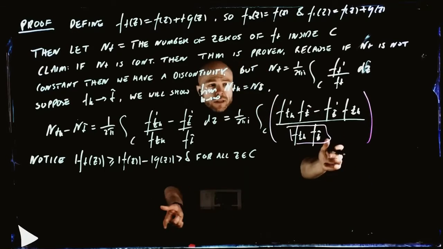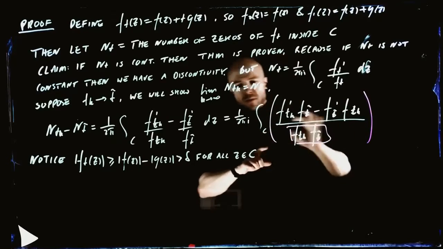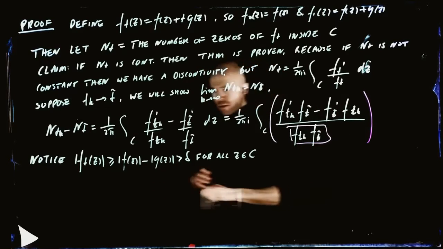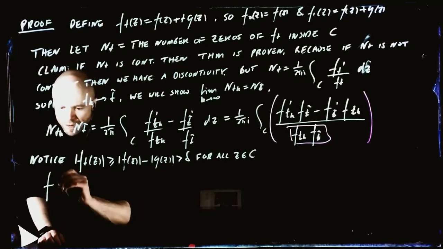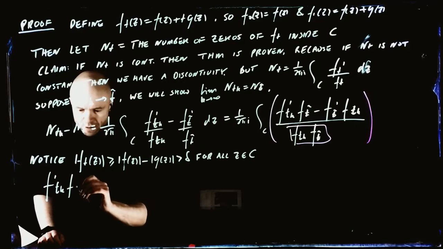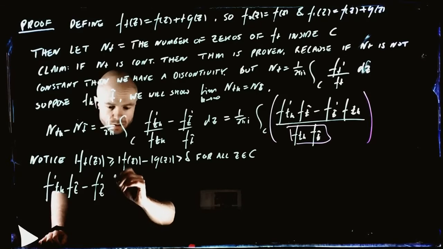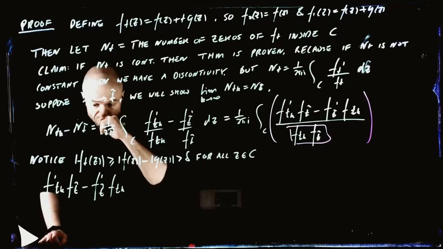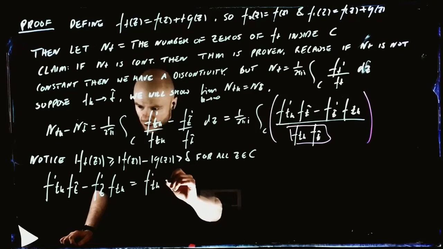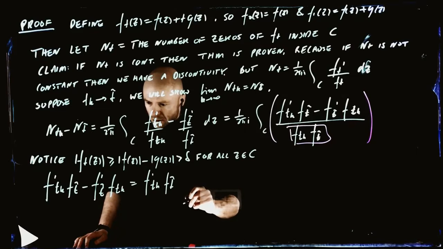And the natural way to deal with this is to break it up into two differences where the guy we put in the middle shares one element of each. So what I mean is, if we look at this expression here, f prime of tk f of t tilde minus f prime of t tilde f of tk, we want to consider something like this: f prime of tk f of t tilde, and let us do this.